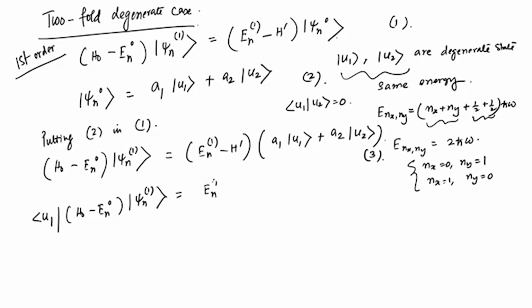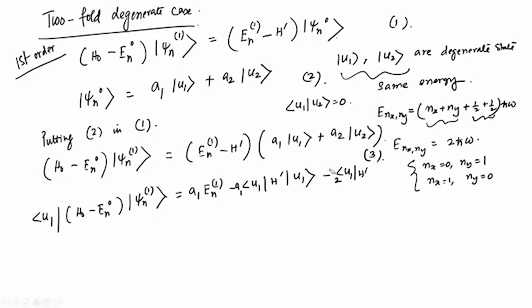So, this will be En1 and this u1, and u1 u1 overlap will give you 1, and u1 u2 overlap will give you 0, but nevertheless you have a u1 H prime with a1 here, and there is another term which is a minus term with a1, this is equal to 0, and then you also have a term which is minus u1 H prime with a2 coefficient.